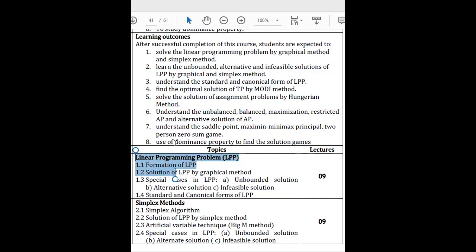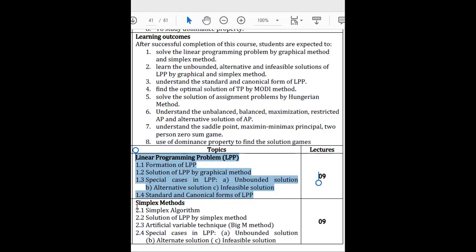Then how to solve a linear programming problem by graphical method, special cases in linear programming problem where we have unbounded solution, alternative solution, infeasible solution, that is when the solution does not exist, standard and canonical form of LPP. This is chapter 1.